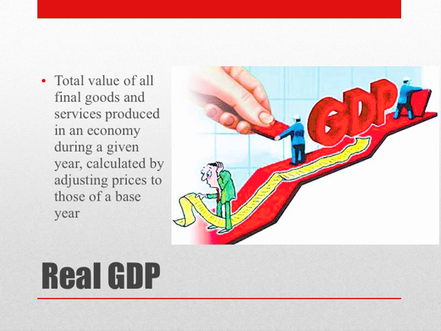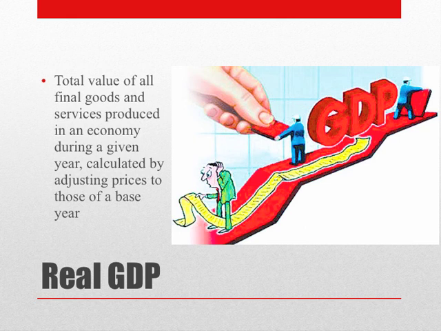Well, let's think about it this way. Prices, are they higher or lower today than they were 20 years ago? Are they higher or lower than they were 50 years ago or 100 years ago? Obviously prices are getting higher and higher, correct? So if we want to compare how much is being produced in the United States today compared to how much we produced 5 years ago or 10 years ago or 50 years ago, if we just look at nominal GDP, obviously our nominal GDP is going to be much higher today than it was 50 years ago, right?